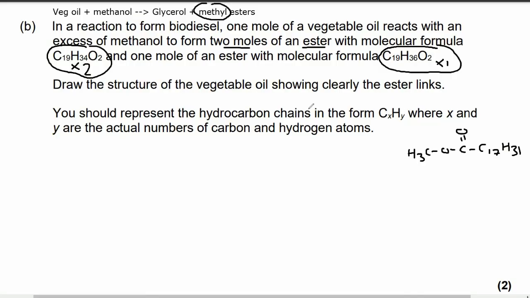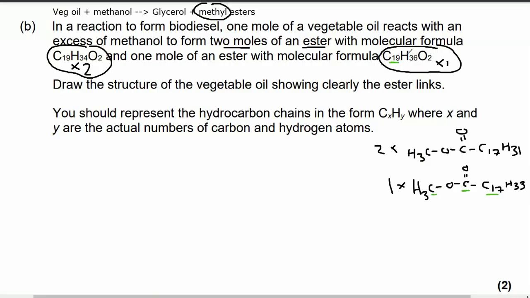So we're going to draw those out over here. What it doesn't tell you in the question is that these are methyl esters. So they start with a methyl group. That's the H3C group I've written here. Then we've got the ester link followed by the hydrocarbon chain. Okay, so why have I got 2 times methyl group, ester link, then C17H31?